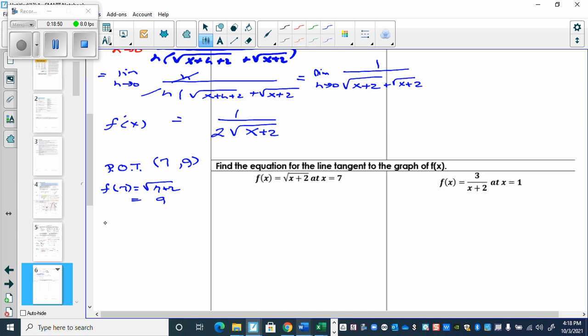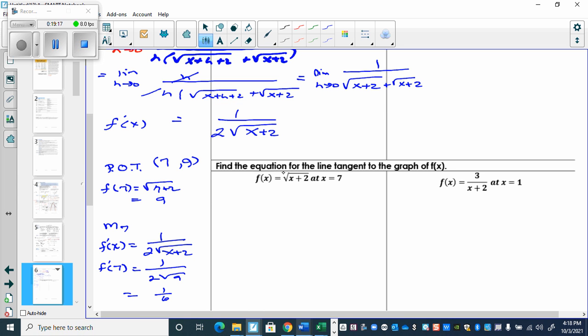Then I'm going to focus on my slope at 7, so I'm going to use the derivative. I have it right here. Here's the derivative, guys. f prime of x equals 1 over 2 square root of x plus 2. So I'm going to find f prime of 7 for that slope, and I get 1 over 2 square root of 9 equals 1 over 6.